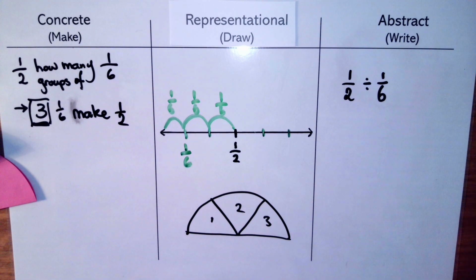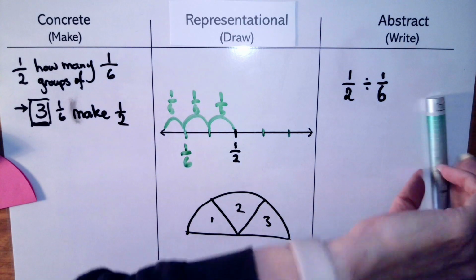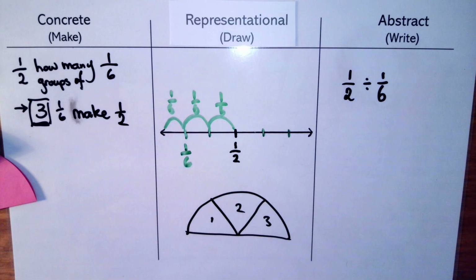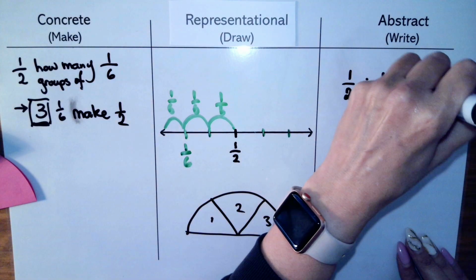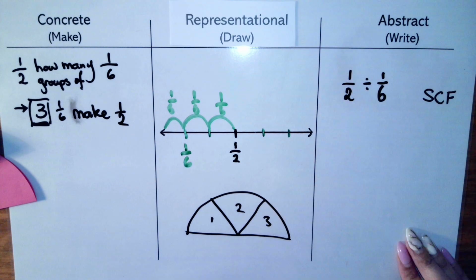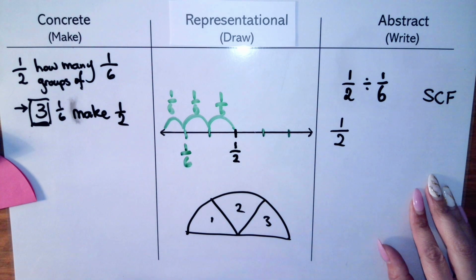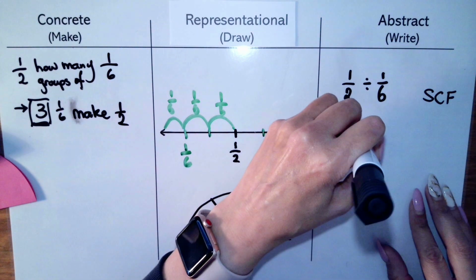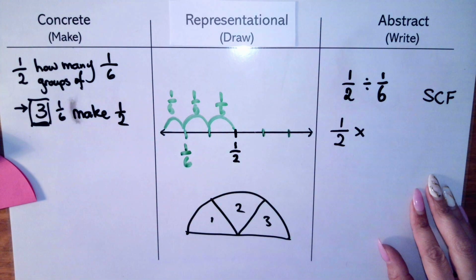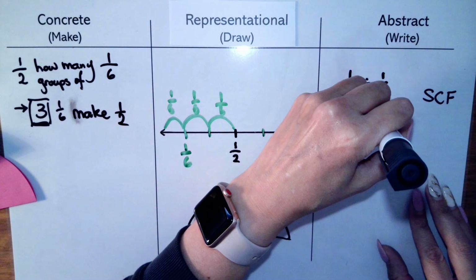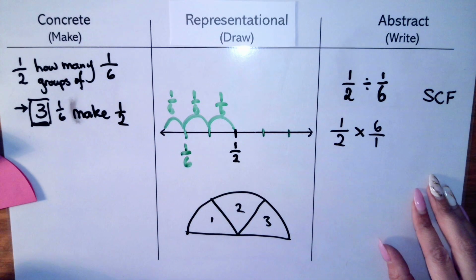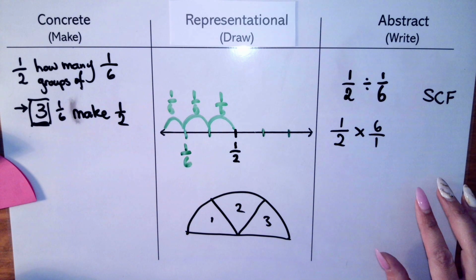Now, how about the abstract method? Often when we teach division of fractions, we teach it using stay, change, flip, or keep, change, flip, which means we keep the first fraction as is, we change the division to a multiplication, and we flip the second fraction, or the divisor.